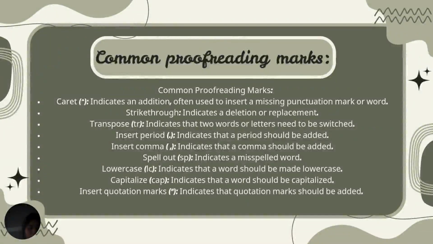And the next one is transpose. It indicates that two words or letters need to be switched. This mark signals that two elements, letters or words, are in the wrong order and should be swapped. For example, in "teh house," the transpose mark indicates "teh" should be corrected to "the."